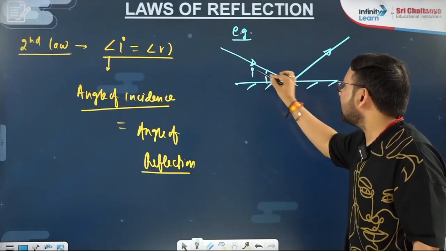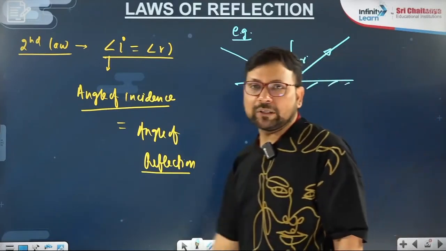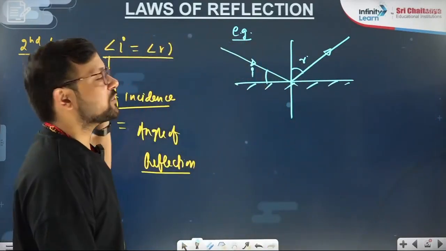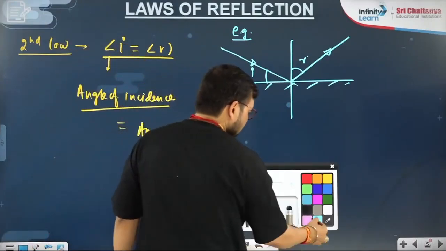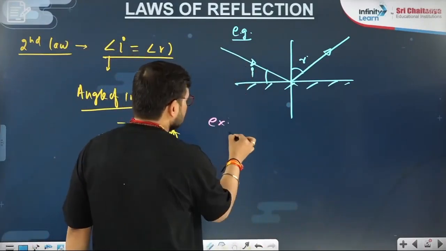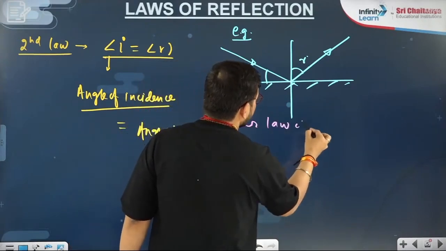I am saying this is I and this is R. Tell me what is equal to what? Law of reflection, tell me in this question. Explain the law of reflection here.